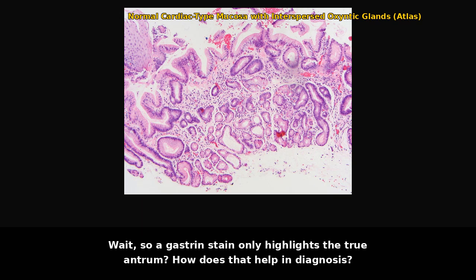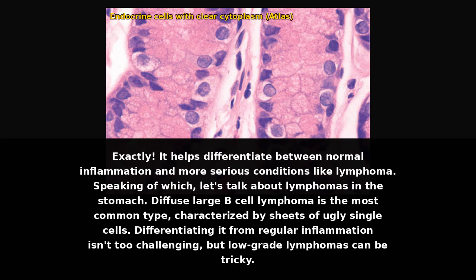Wait, so a gastrin stain only highlights the true antrum. How does that help in diagnosis? Exactly. It helps differentiate between normal inflammation and more serious conditions like lymphoma.